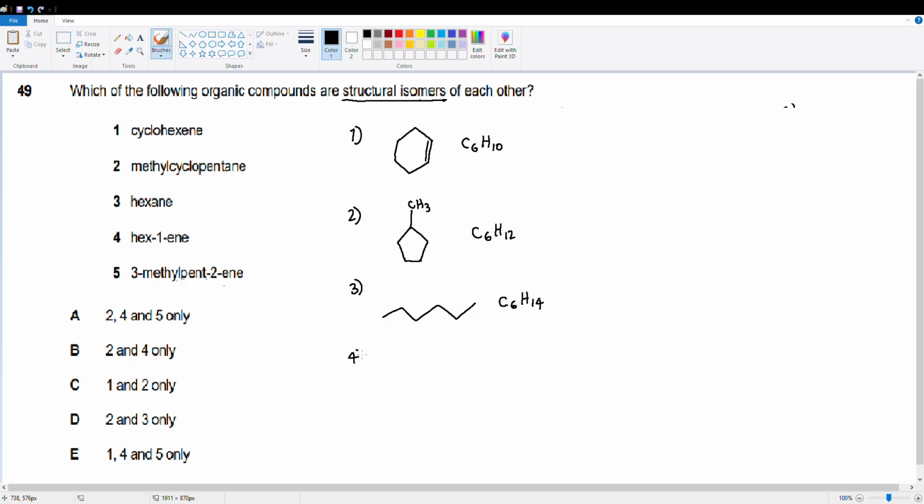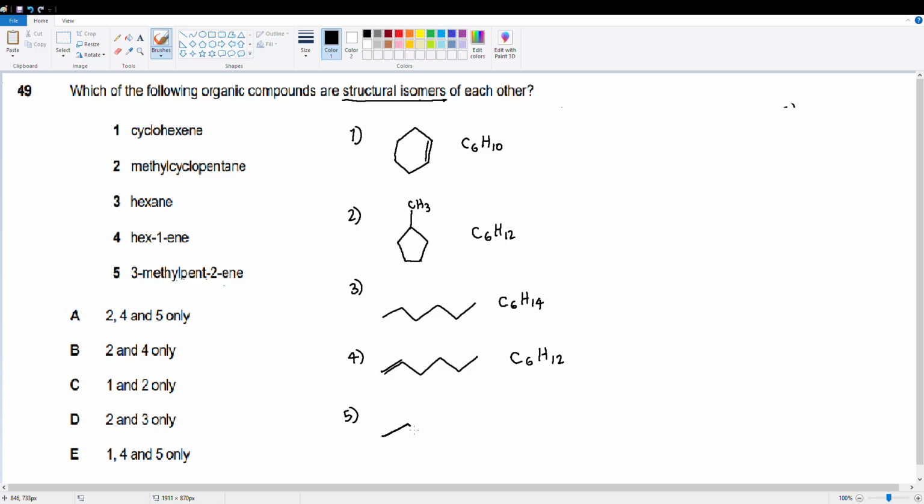The fourth one has the exact same structure as hexane, but it is hex-1-ene, so it has one carbon-carbon double bond, just on one side. So it's C6H12. Now the fifth one is 3-methylpent-2-ene.